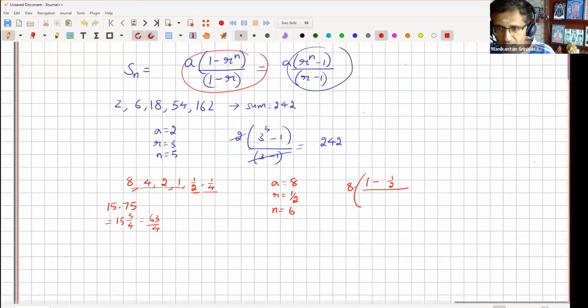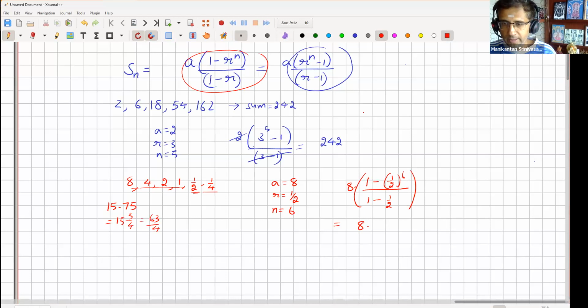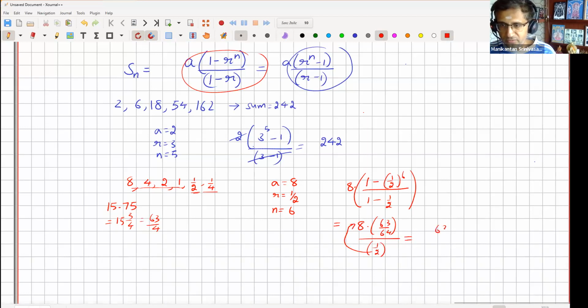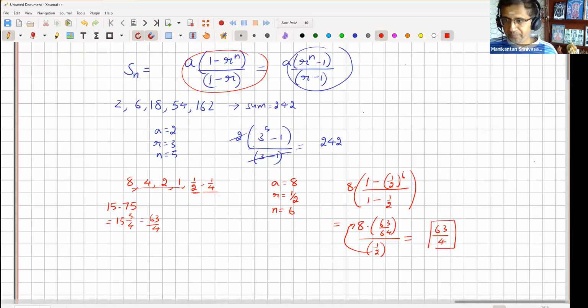I'll use half power 6 over 1 minus half. 2 power 6, we all know, is 64. So 8 times 1 minus 1 by 64 is 63 upon 64 in the numerator. 1 minus half is half in the denominator. The half goes up to become a 2. So it's 16, and that 16 knocks off with the 64 to give a 4. So indeed, we get 63 upon 4.